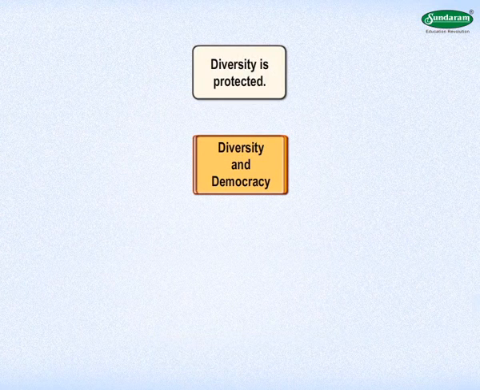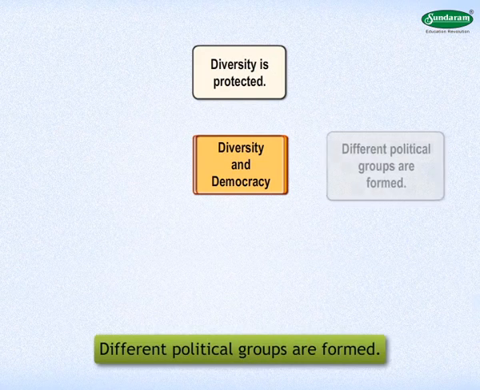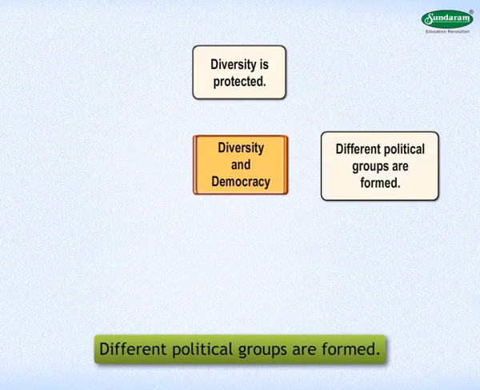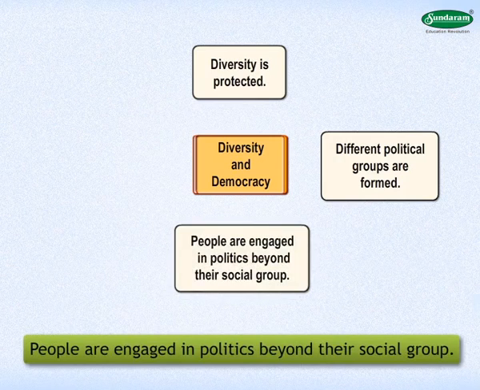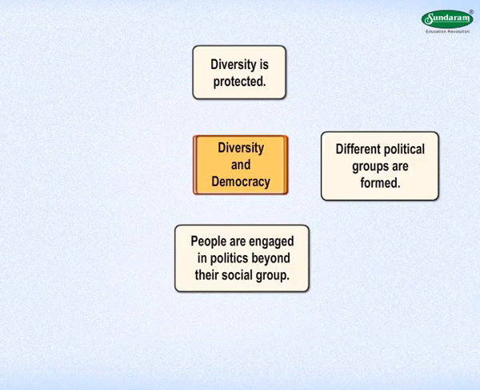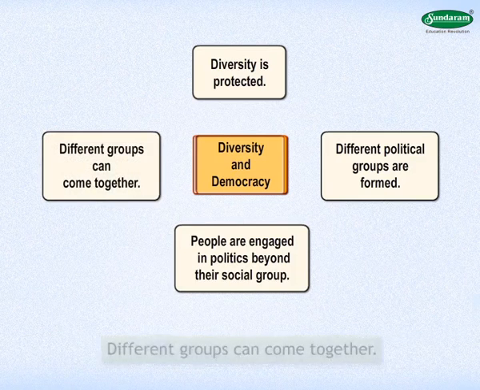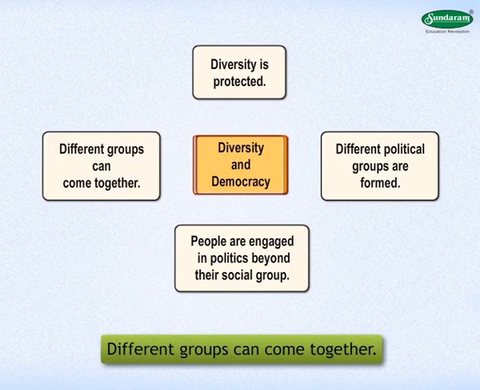Diversity in a democracy leads to the formation of different groups making political demands based on diversity, based on religion, language, or region. Democracy allows people to engage in politics going beyond their own social groups. In democratic societies, different groups also come together and try to press for their common demands.